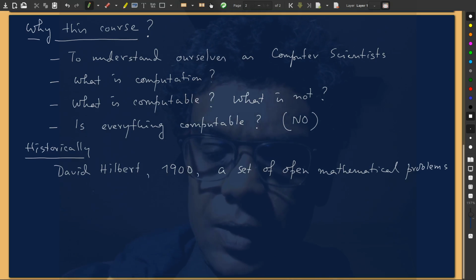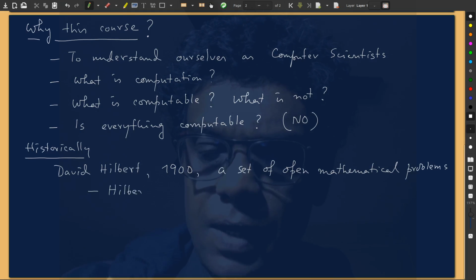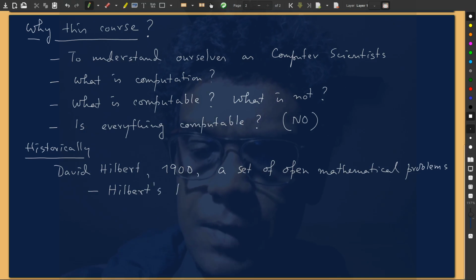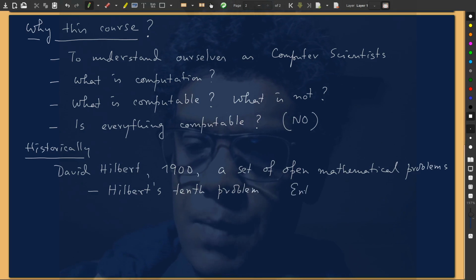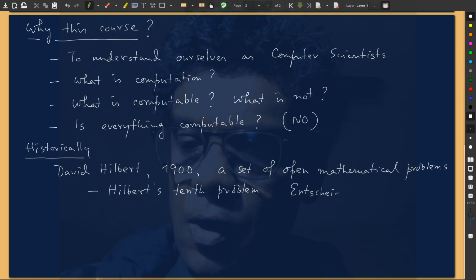Among this, it was actually a mathematical problem, but this may be considered a formal conception of the notion of computability. So it's called the Hilbert's tenth problem. In German, Hilbert was a German actually, it is called Entscheidungsproblem.